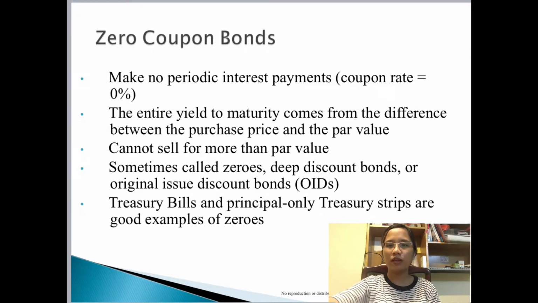So this bond cannot sell for more than the face value. Moreover, sometimes this bond has other names like deep discount bond or original issue discount bond. A good example for this bond is the treasury bill or the treasury strip.